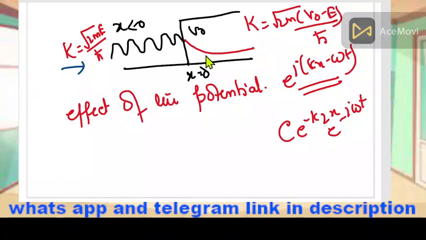After that, in the x greater than 0 region, there is an exponentially decaying wave, c e to the power minus kappa x. You can include the time dependent part by writing e to the power minus i omega t.